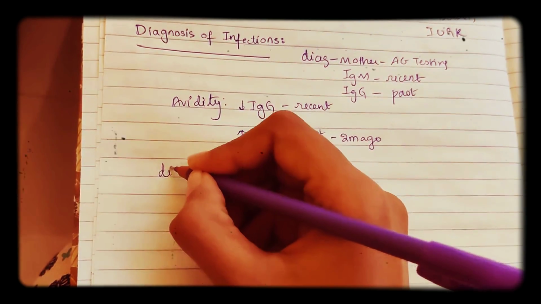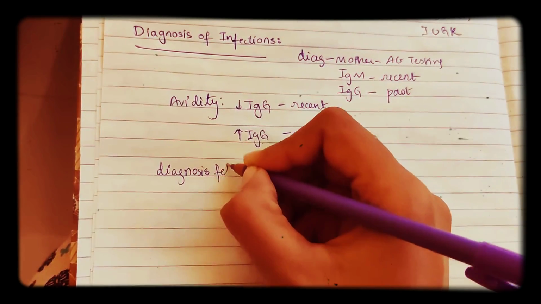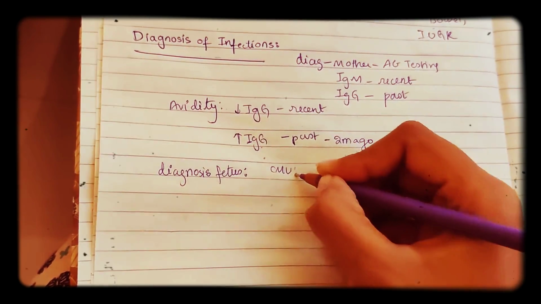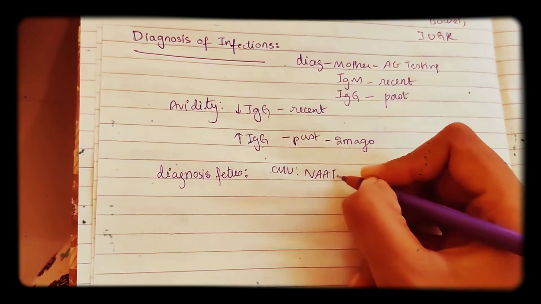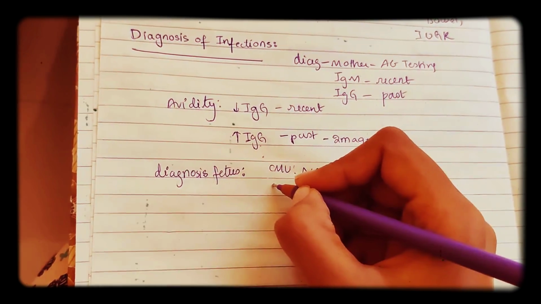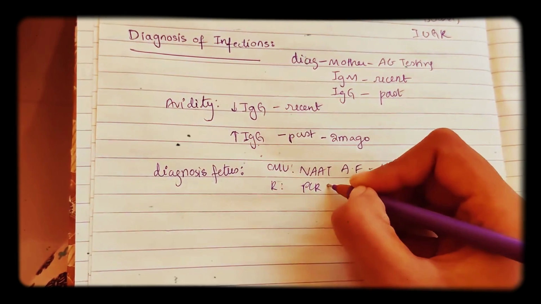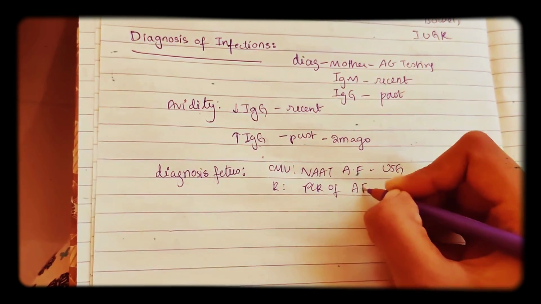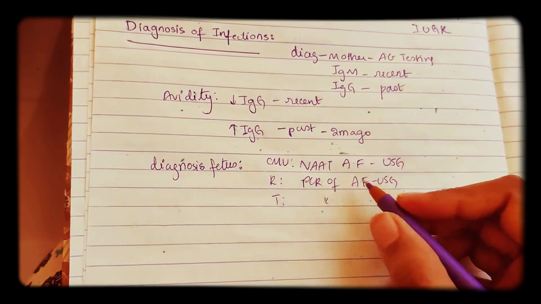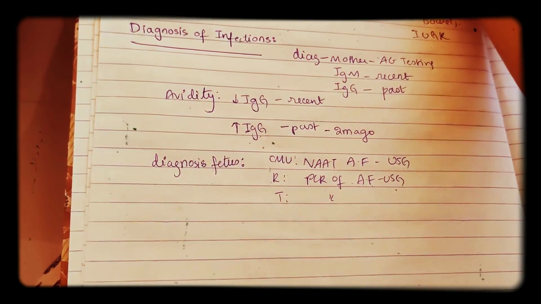Now coming to diagnosis in the fetus. In the case of cytomegalovirus, we do NAT of amniotic fluid, and next we will do USG. In the case of rubella, we will do PCR of amniotic fluid followed by USG. Same for toxoplasma, you do PCR of amniotic fluid followed by USG, that is ultrasonography.